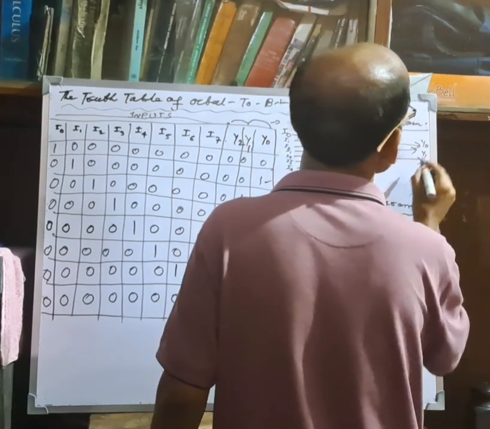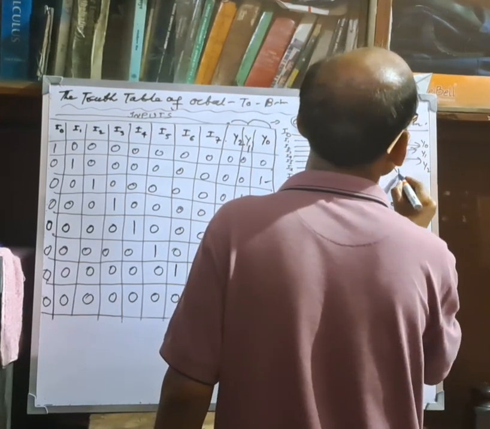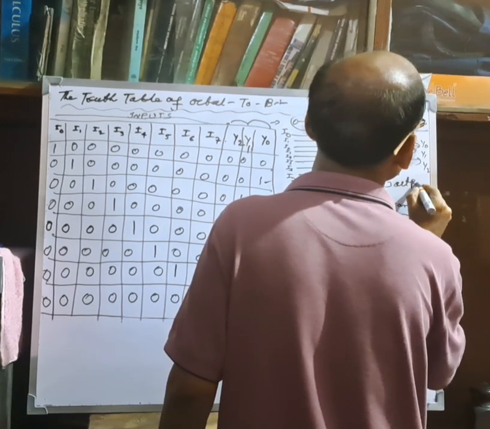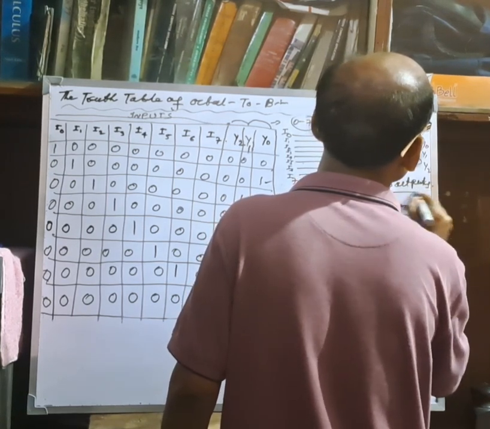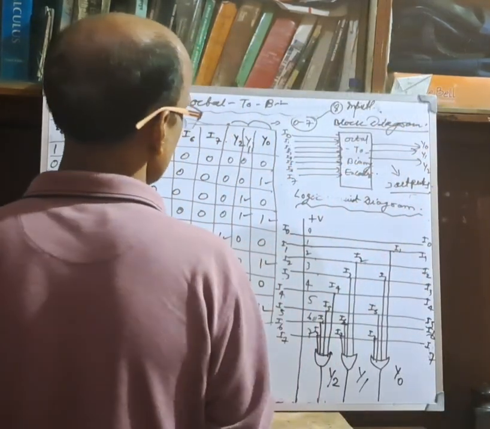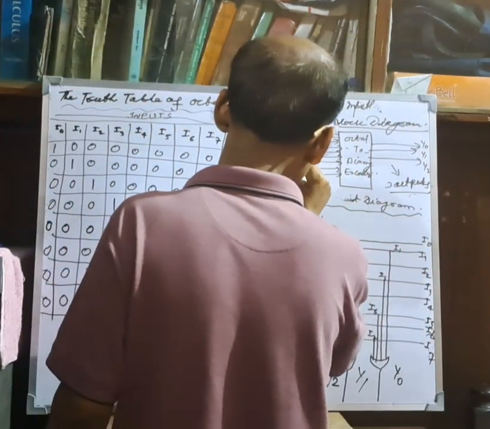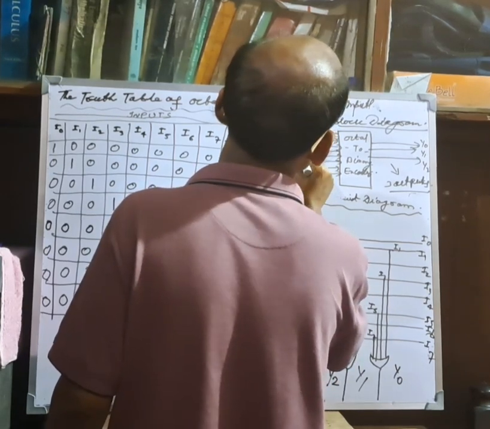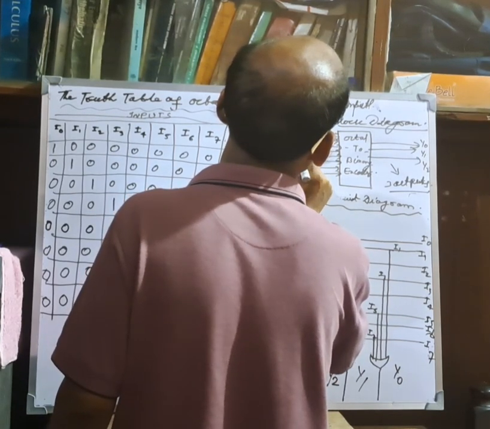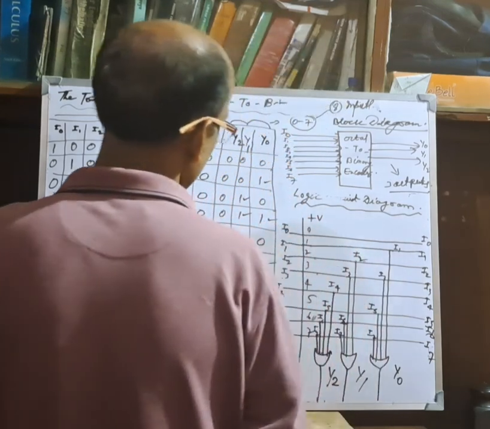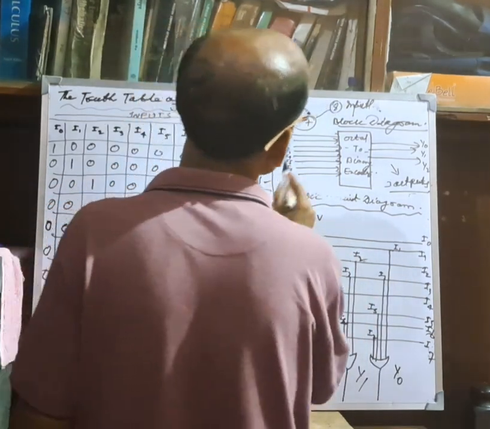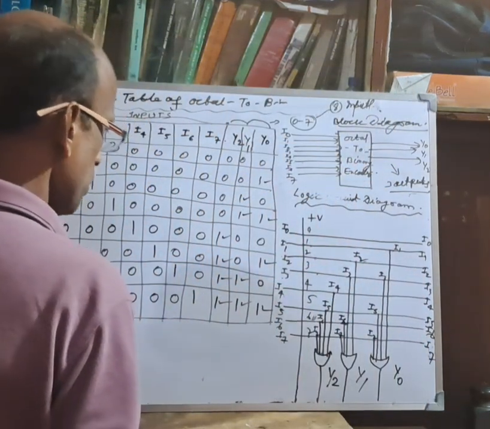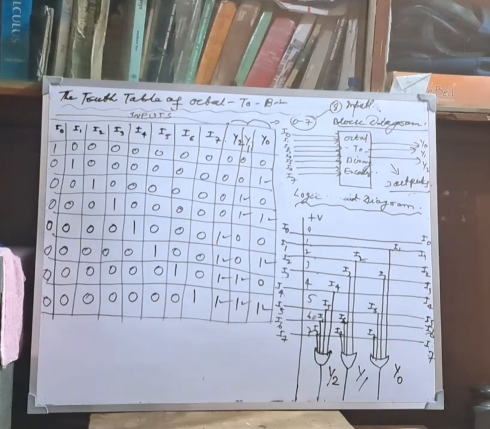And you just see here 3 outputs. And only at one time there is one value which is high, that is 1, and all the rest will be low or 0. So this is the octal to binary encoder. So I have done. Now the session is over. Okay.